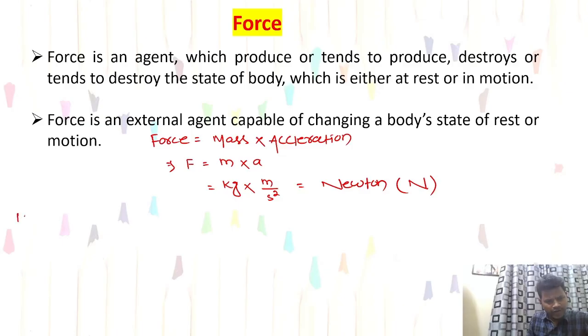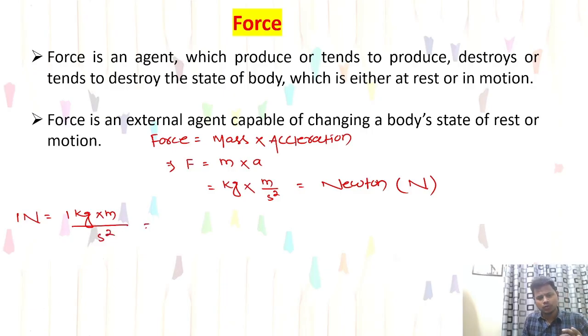So 1 Newton means 1 kg into meter per second square. I am converting this SI unit Newton into the CGS unit, which means in gram, centimeter and second square. So 1 kg, how many grams? 1 kg is 1000 gram.